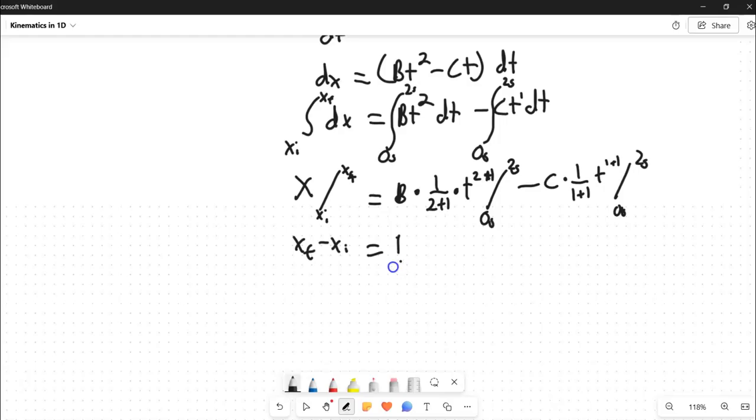I'm going to bring the numbers to the front: 1/3 b t to the third from 0 seconds to 2 seconds, minus 1/2 c t squared from 0 seconds to 2 seconds.